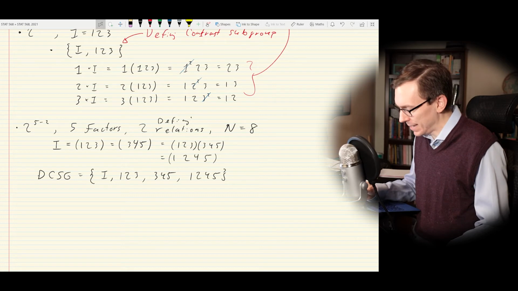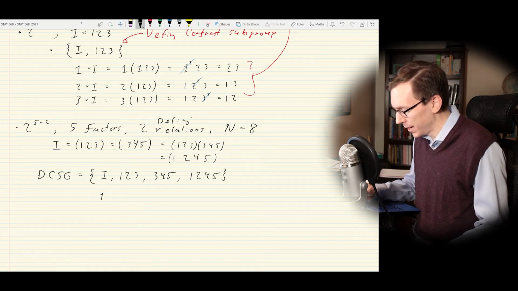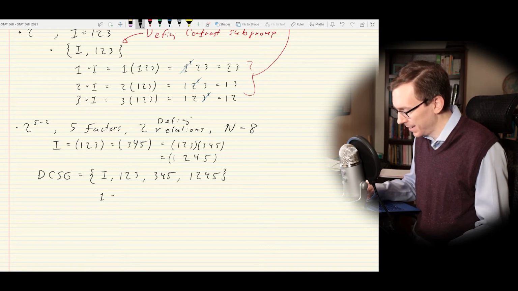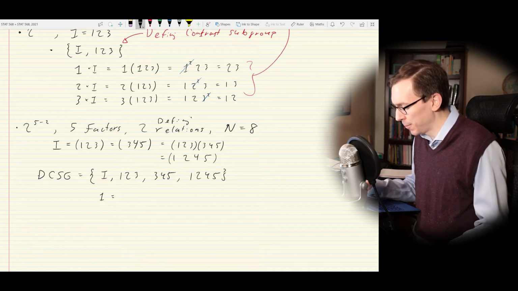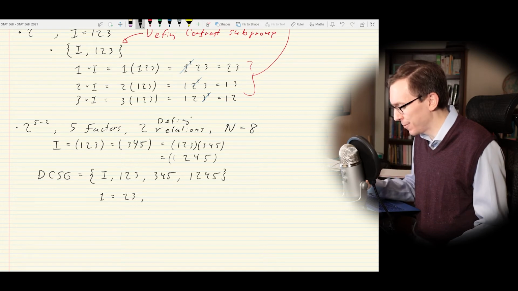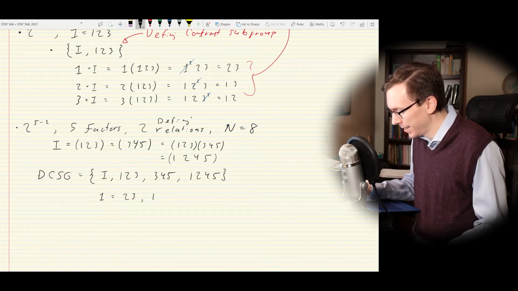Well, that means that if I take the main effect 1, it is now going to be aliased with what? Well, what I would do is I would multiply 1 by 1, 2, 3, and I get a 2, 3 out like I did last time. But now I take 1 and I also multiply it by 3, 4, 5 to get a 1, 3, 4, 5. I should put equal signs here to say that in our design, these are all equal.